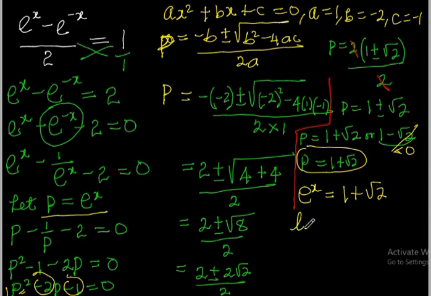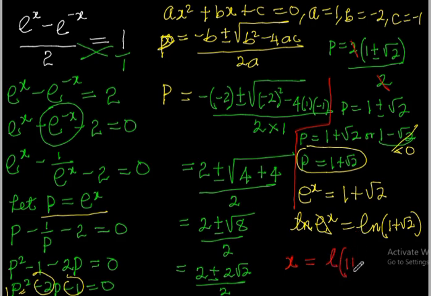So we have ln of e^x equals ln of bracket 1 plus root 2. So this e we cancel with ln. We are left with x equals ln of bracket 1 plus root 2 as our final answer. All right, thank you.